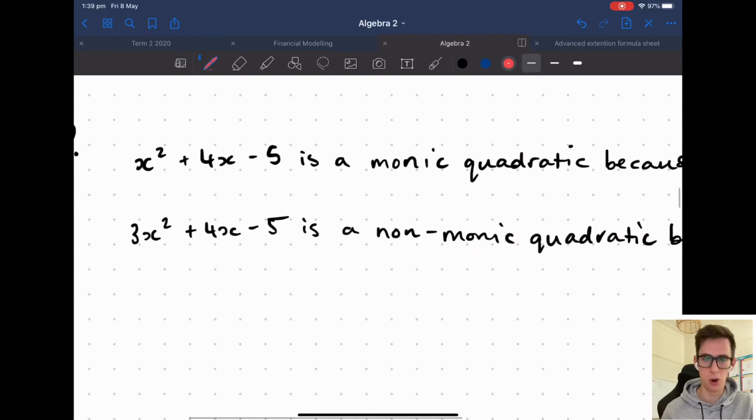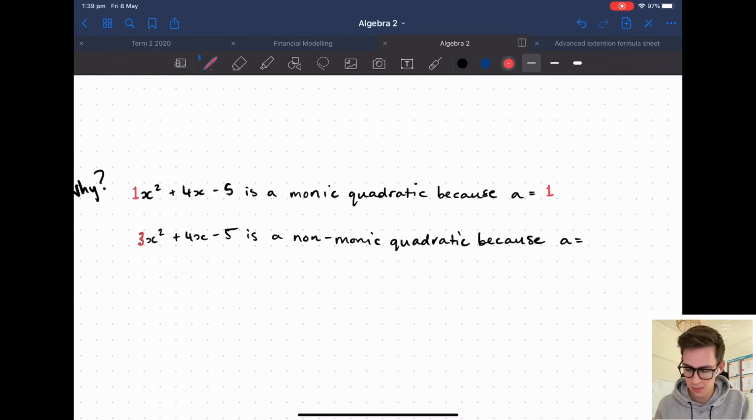So we call it a monic, mon or mo meaning 1, because it has a 1 out the front. And they're all the examples that we've been doing so far. This example here with a 3 out the front is a non-monic because a is 3, or in other words, because a is not 1.